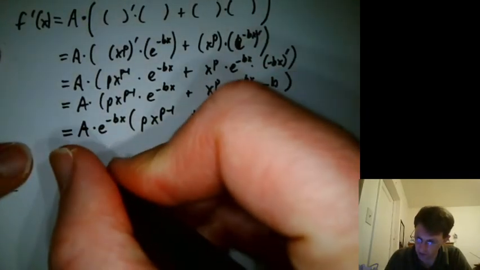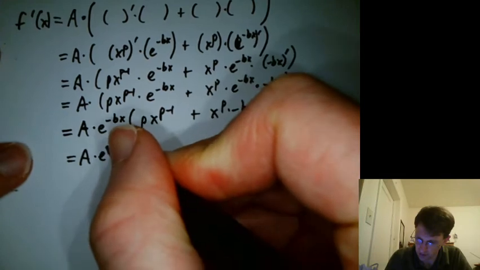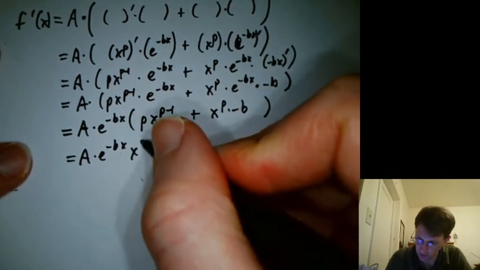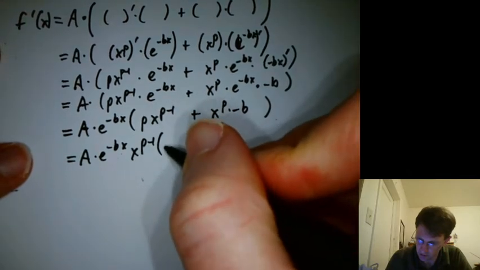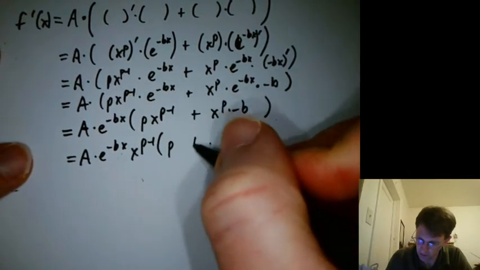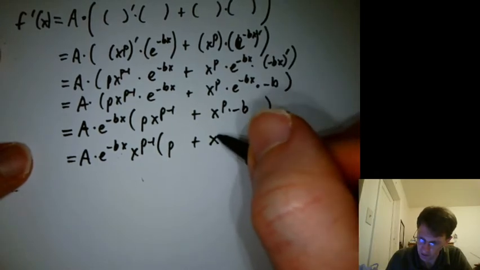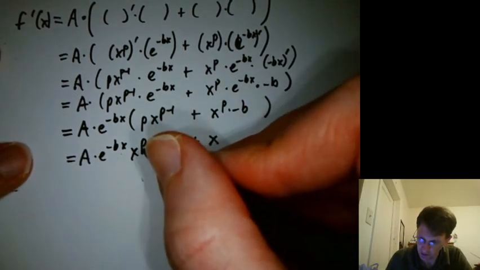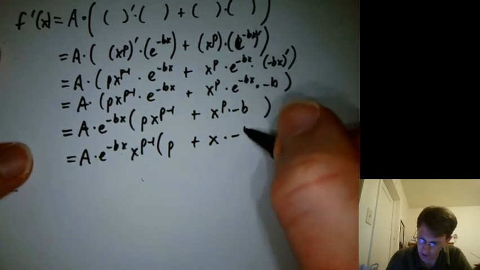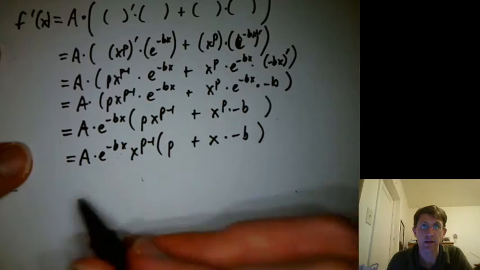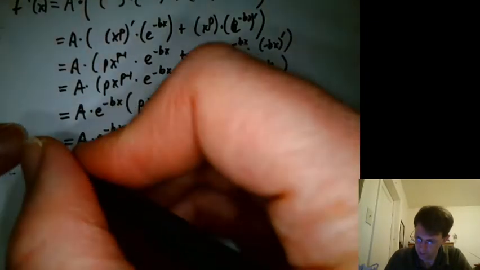We can factor one of those out. Even the negative bx. Let's just pull out x to the p minus 1. And then we'll have p left over there, and I need an x here. So when I multiply x by x to the p minus 1, I get x to the p times negative b. And now we're going to set this equal to 0 and solve.